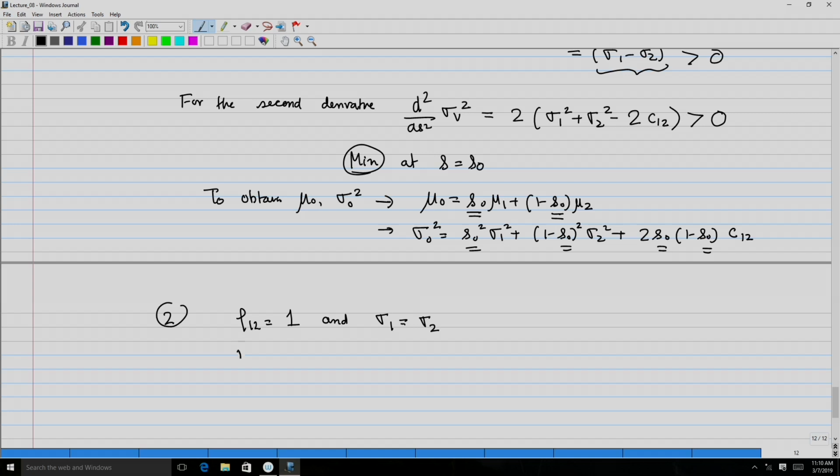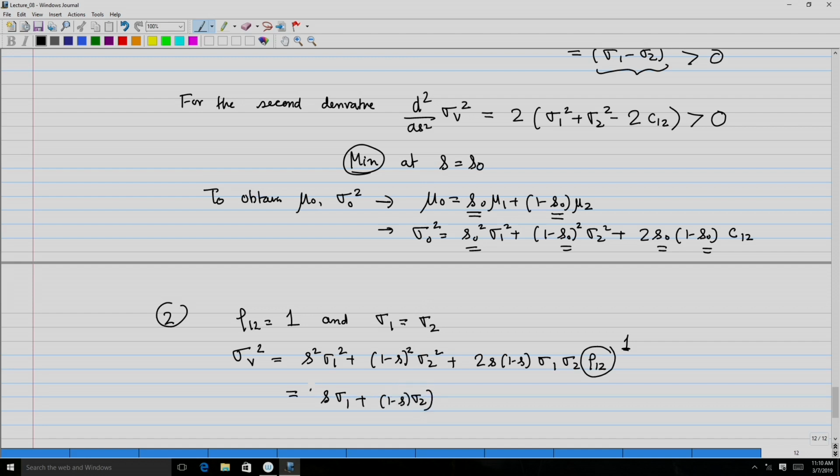In this case, sigma v square, which is given by s square sigma 1 square plus (1 minus s) square sigma 2 square plus twice s into (1 minus s) sigma 1 sigma 2 into rho 1 2, and remember that in this case rho 1 2 is equal to 1. So, this entire expression becomes (s sigma 1 plus (1 minus s) sigma 2) whole square.